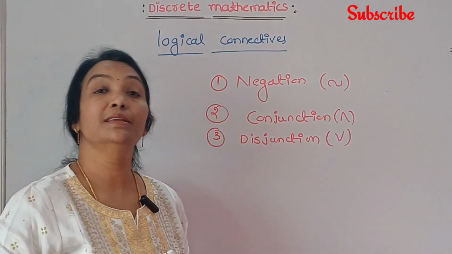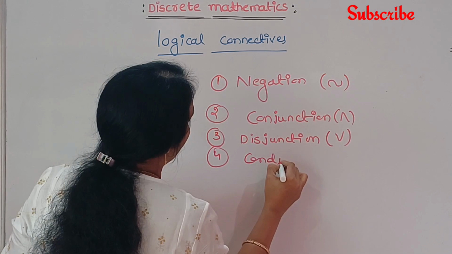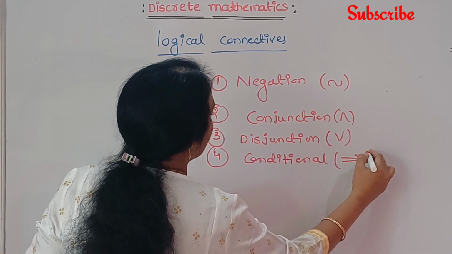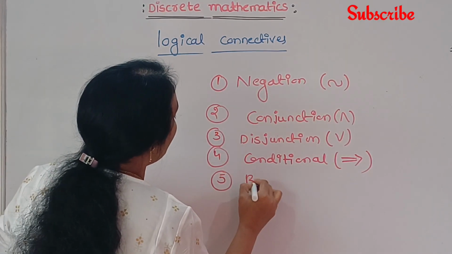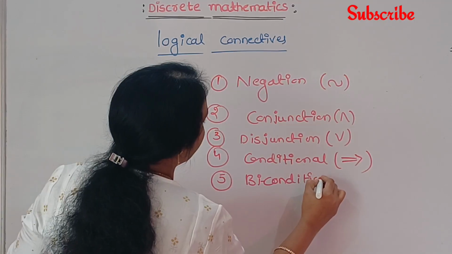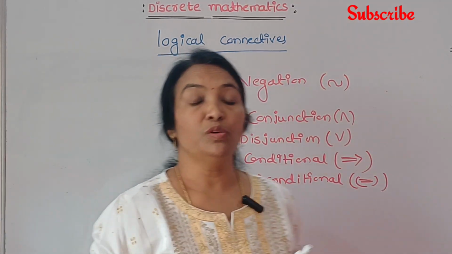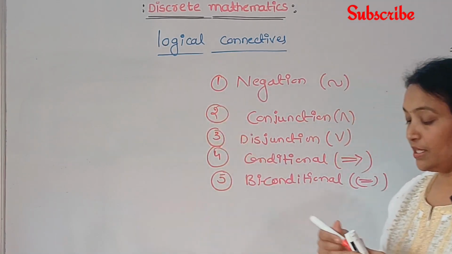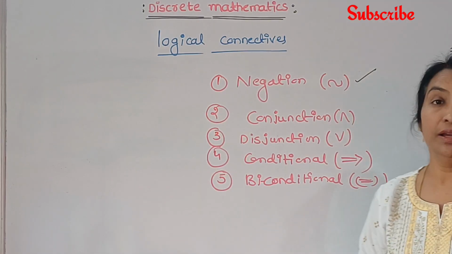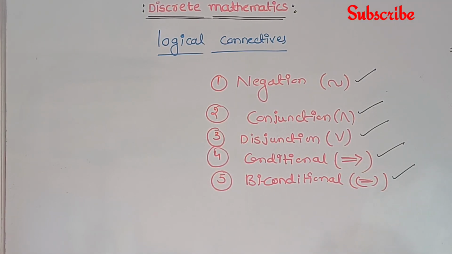The fourth one is the conditional, and the fifth one is the biconditional. What are the logical connectives? We have 5 basically: negation, conjunction, disjunction, conditional, biconditional.